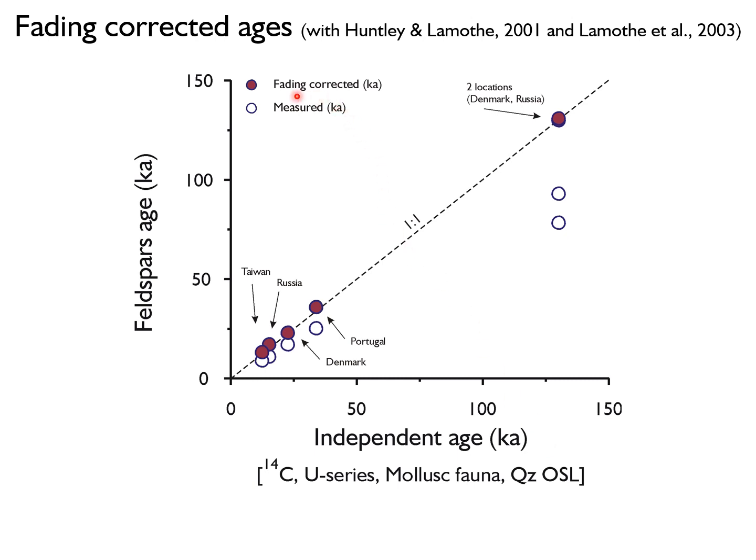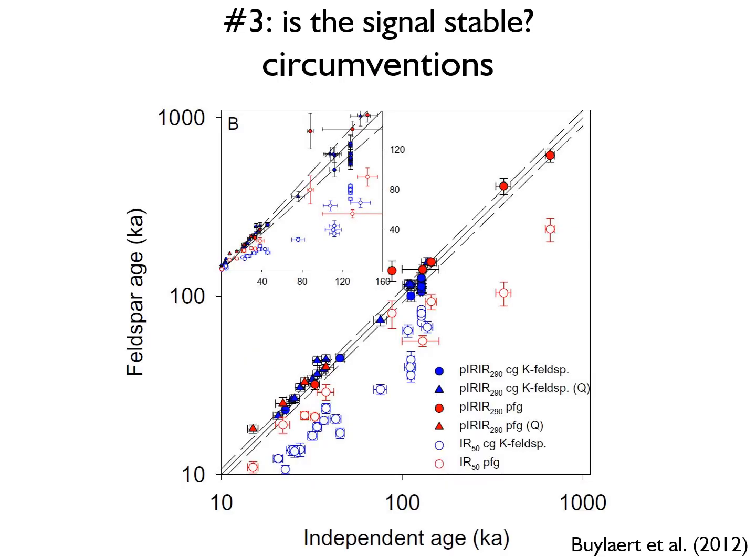But by correcting for fading, we observe a perfect agreement with the independent age. Of course, it would be simpler, if not more elegant, if we could get around the problem of fading. In the past 10 years, we have such promise.